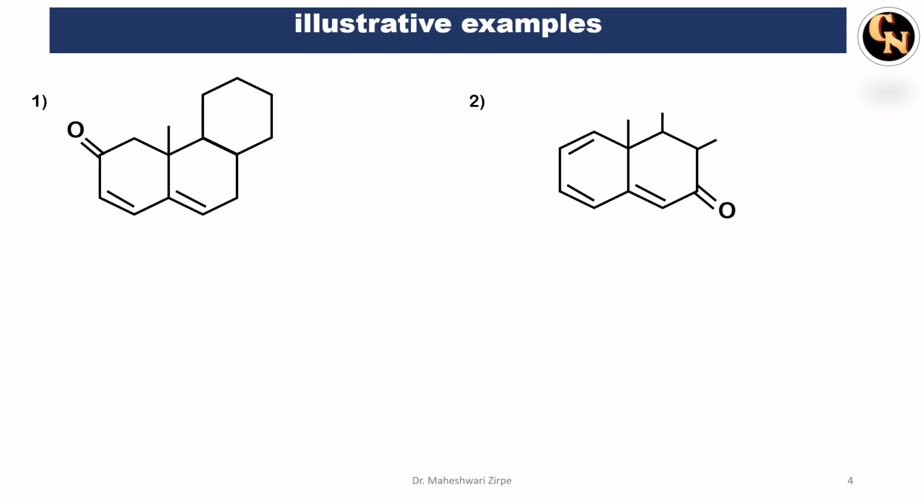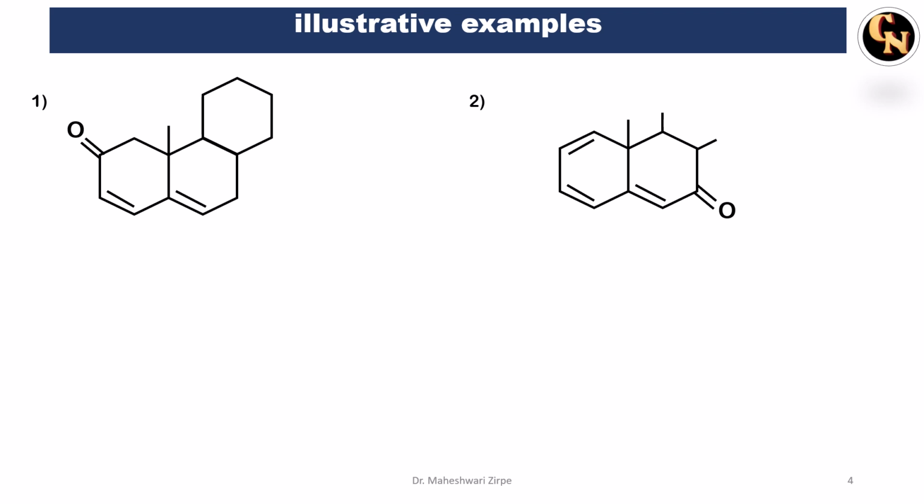So this is the first illustration which we are going to calculate. Step by step we'll try to add the values for lambda max, and we'll try to calculate how much is the lambda max value. So let us start with the first example.